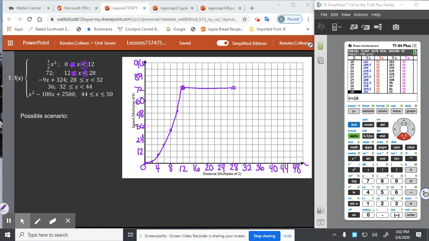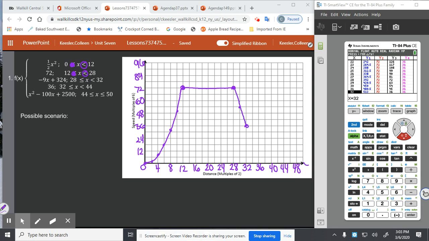So you see I'm at 72 again at 28. So I can close my circle, and I'm going to follow that until I get to 32. So 28 stays at 72, 29 is at 63, 30 is at 54, which would be halfway between 48 and 60. 32 is at 36 with an open circle, and I have my linear function there.